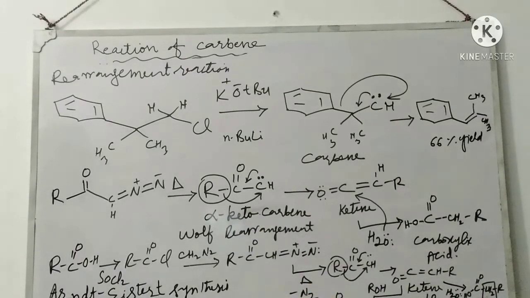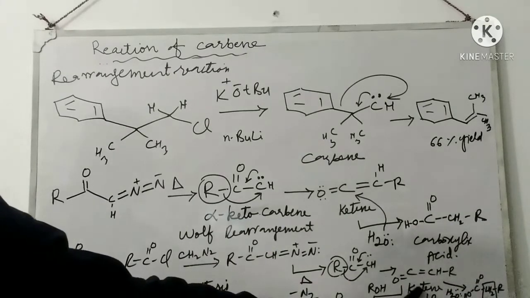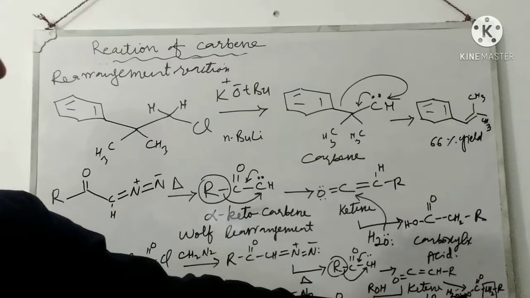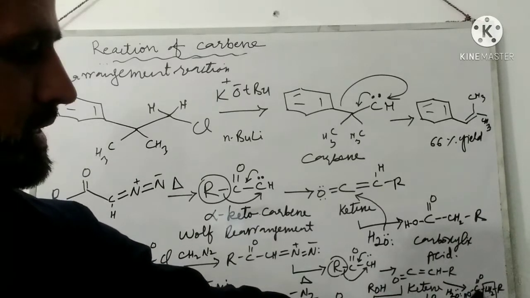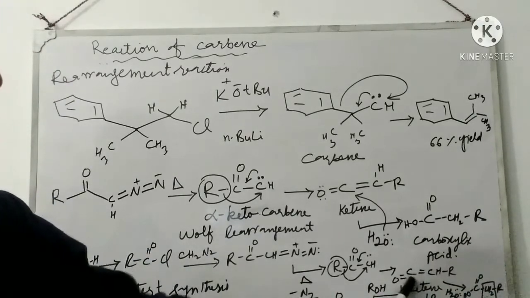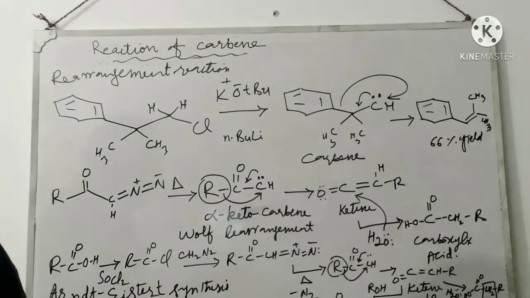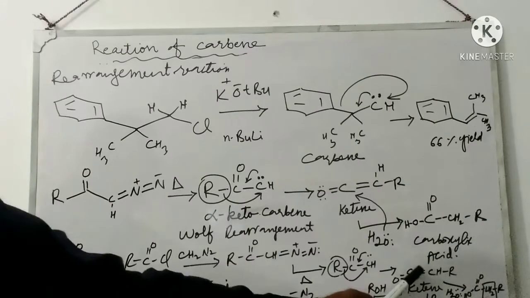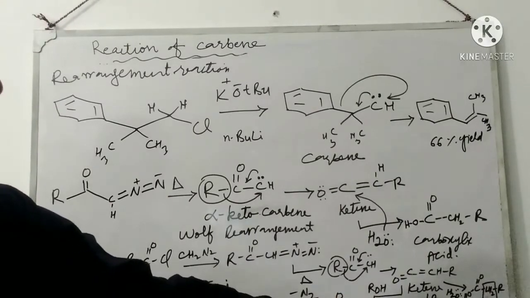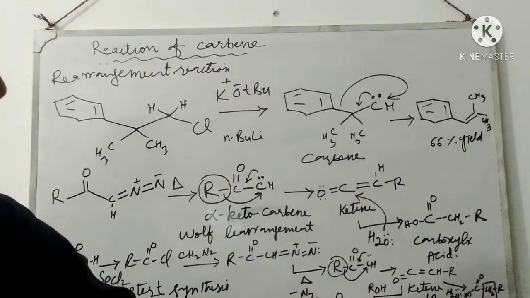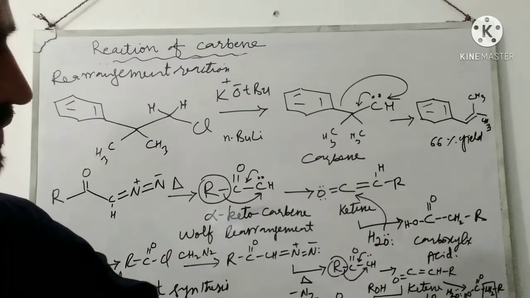Now there are three ways. If this ketene is treated with water, we get the next homolog of the carboxylic acid. If this ketene is treated with alcohol, we get the next homologue of the ester. If this ketene is treated with an amine, we get the next homologue of the amide.